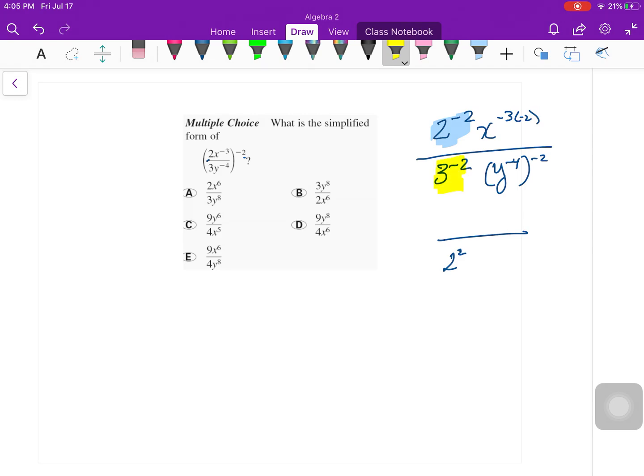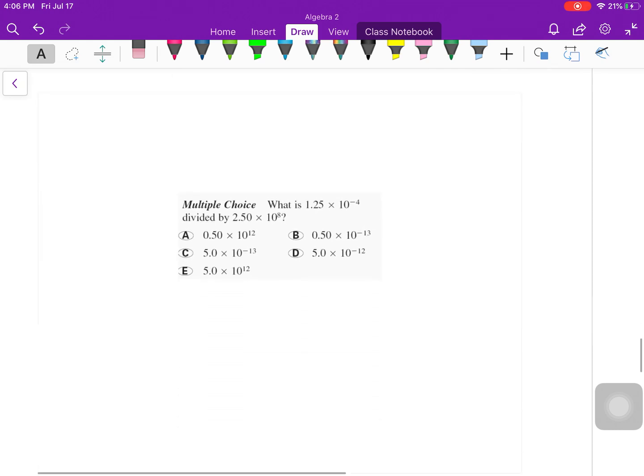So that becomes 2 squared. And when I do this number, to move it positive, it's going to have to go up to the numerator. So that's going to become 3 squared. Power to power multiply, that's x to the 6th. Power to power multiply, that's y to the 8th. So when I evaluate that, 9x to the 6th over 4y to the 8th.